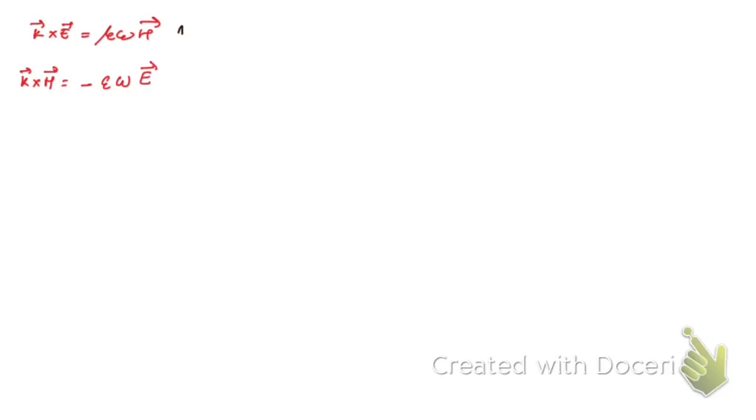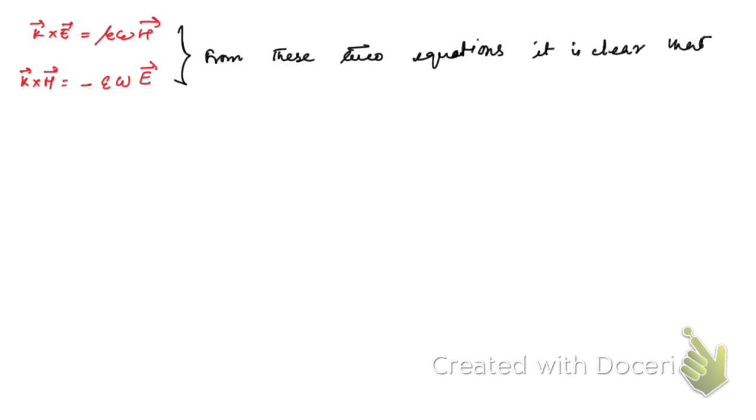Now you see, from these two equations it is clear that this magnetic field vector and electric field vector, these two vectors, E and H, are mutually perpendicular.